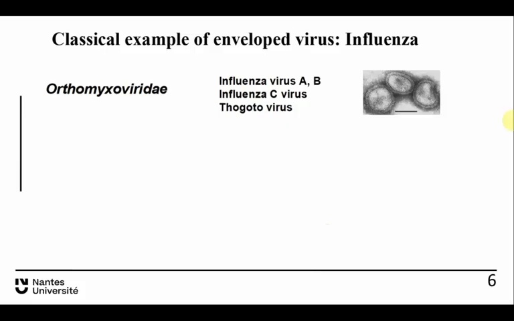The Orthomyxoviridae include A, B, and C influenza viruses. Influenza A and B can infect mammals and birds. Influenza C infects only mammals, affects humans, but it's mostly mild or asymptomatic. So there's not that much research on influenza C.